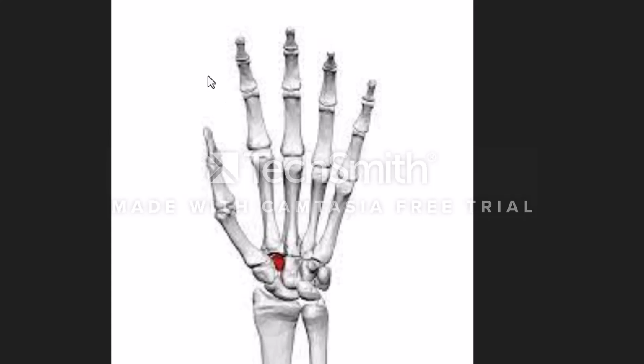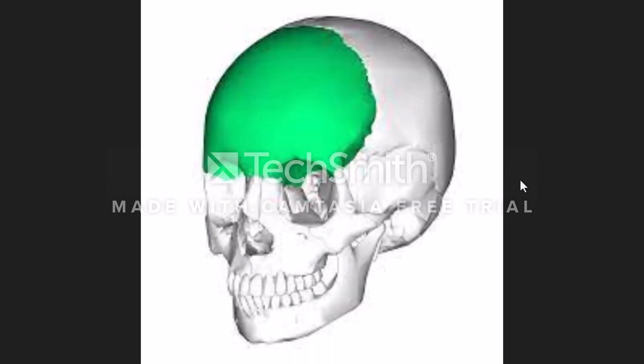Osteoarthritis at the base of the thumb is the most common cause of pain in this area. And that's it. We're almost done, I'm sorry.